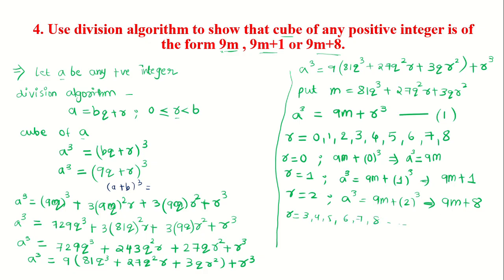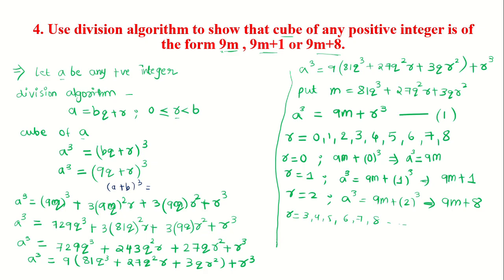In the question, we need to find just the forms 9m, 9m plus 1, 9m plus 8. That we got by substituting r equals 0, r equals 1 and r equals 2. So when r equals 0, we got a cube equals 9m. When r equals 1, a cube equals 9m plus 1. When r equals 2, it is 9m plus 8.